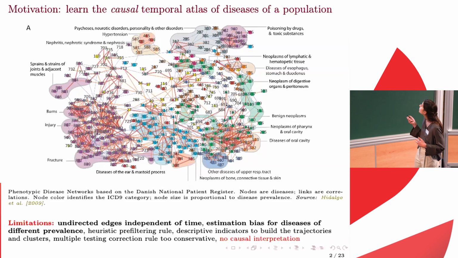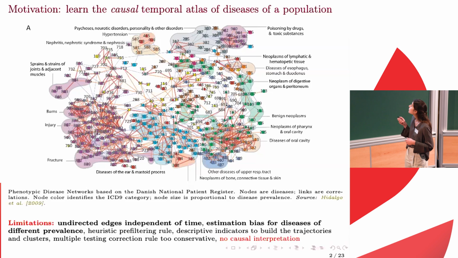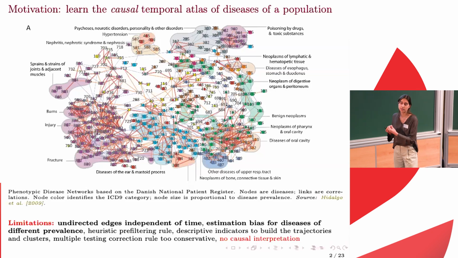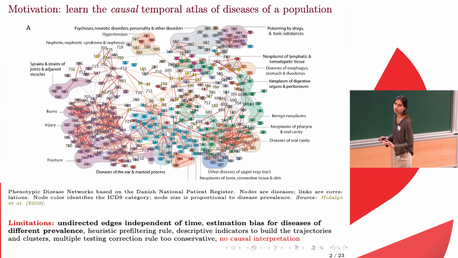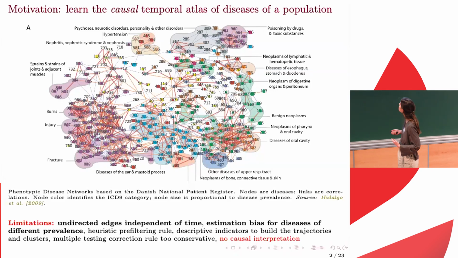This is a result from one of the papers from Hidalgo and his colleagues, where they estimate a certain graph where all the nodes are specific diseases according to some references, and the edges can represent some kind of prevalence between two diseases.